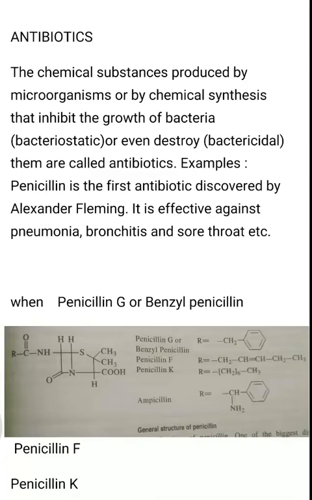Penicillin can be penicillin G, penicillin F, penicillin K, and there are synthetic modifications also available in the market. Ampicillin and amoxicillin are synthetic modifications of penicillin. But the problem with penicillin is some patients are really sensitive to it. So before its administration, a sensitivity test is a must.